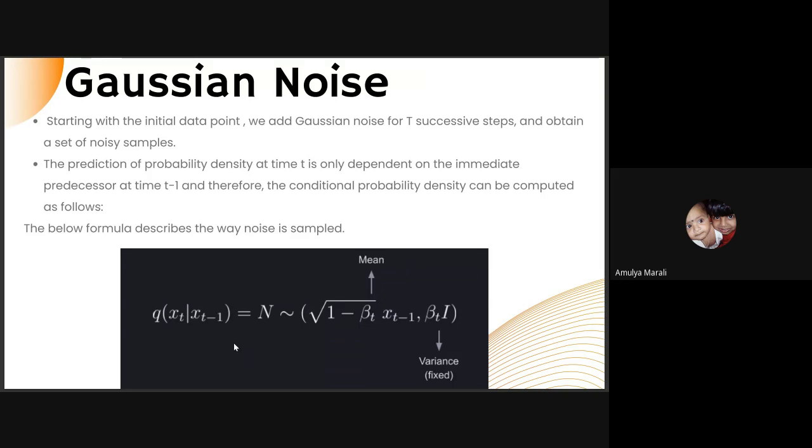Then xt minus 1 is the image just previous to the present timestamp. Coming to the right-hand side of the equation, which is the Gaussian noise equation, we have two variables, mean and variance. What actually happens in these two, and what is this beta, and what is this whole equation? Let's understand that.